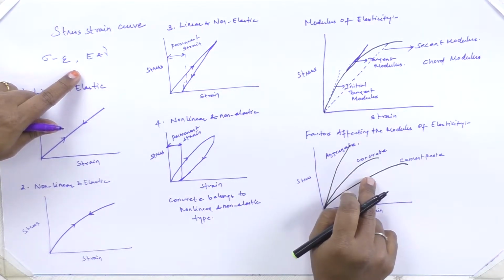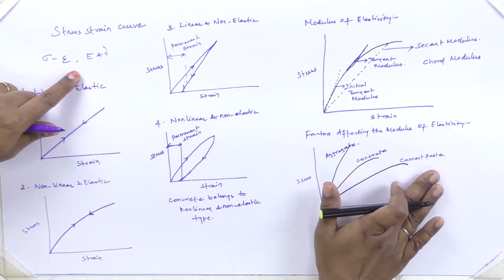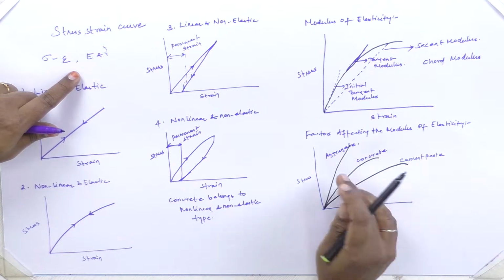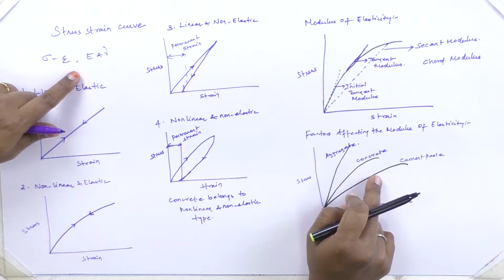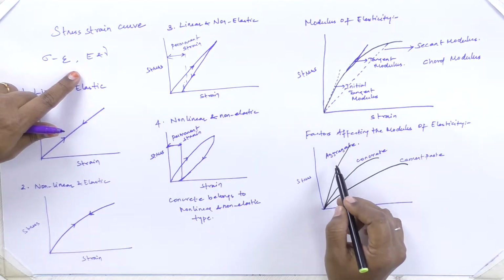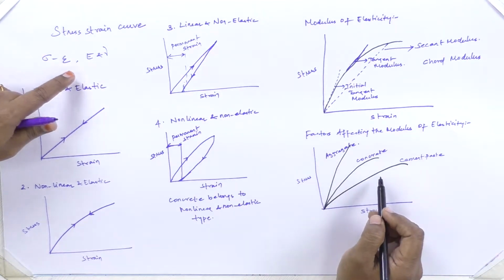Concrete, which is a mixture of both the cement paste and aggregate, exhibits a stress strain curve in between the stress strain curves of aggregate and cement paste.